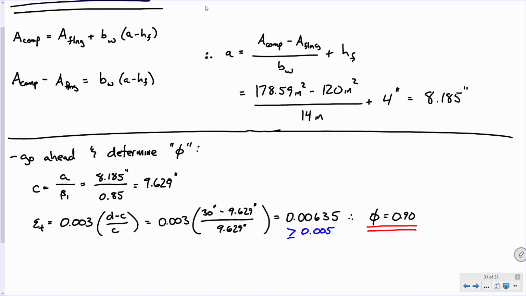All right. This next part's where I'm going to need y'all to really pay attention. If we got 0.00495, or like 0.499, you're probably going to end up rounding your phi anyway, and it's probably going to end up being 0.9, so that's fine.